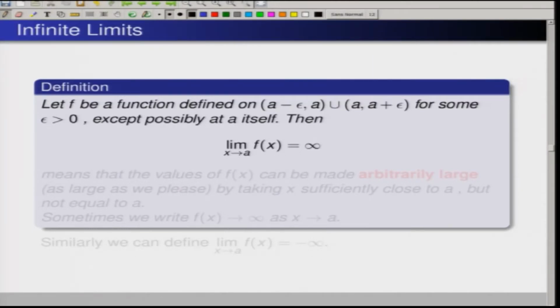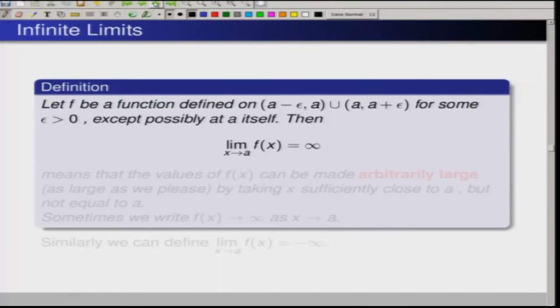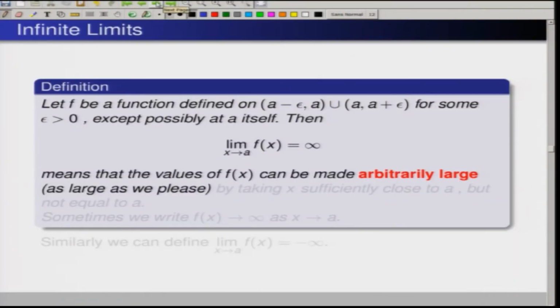That means, if I give you some positive number, you can always find x in the neighborhood of a for which f of x will be bigger than that large number. That is, the value of f of x can be made arbitrarily large by taking x sufficiently close to a, but not equal to a.